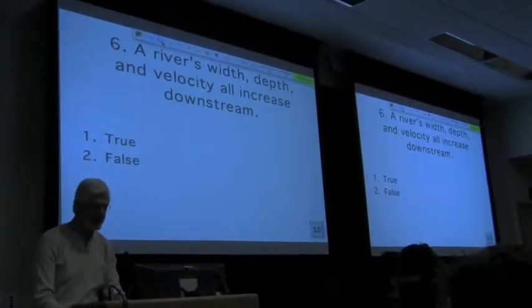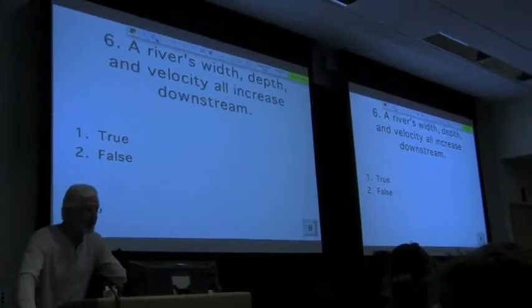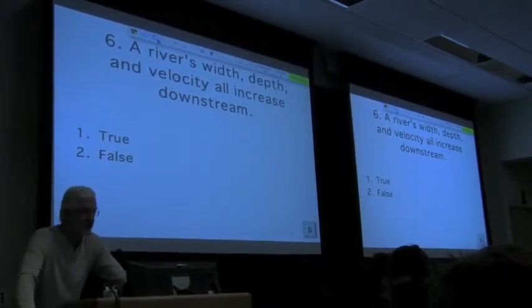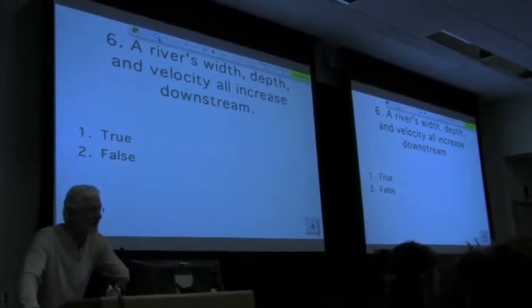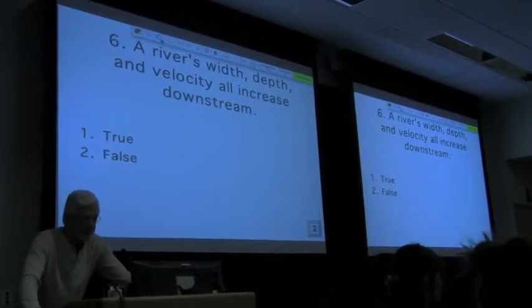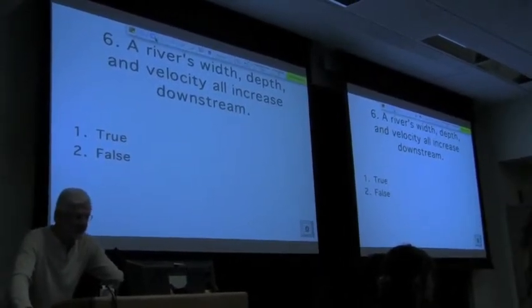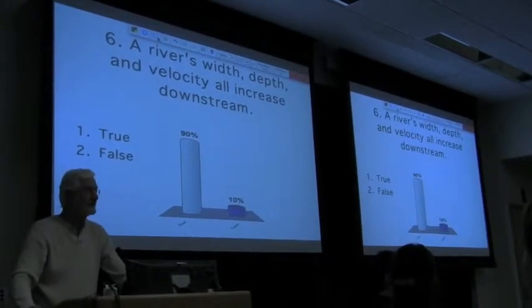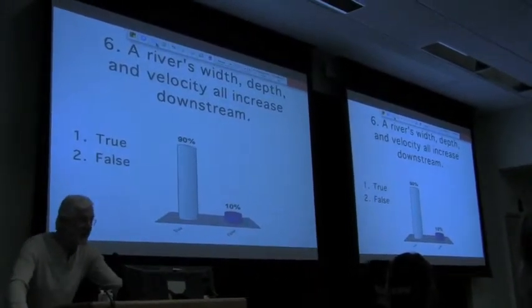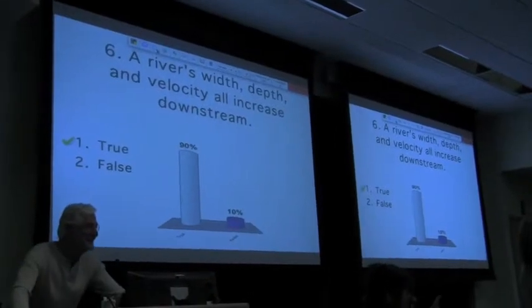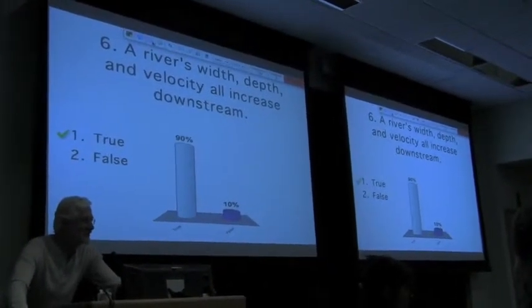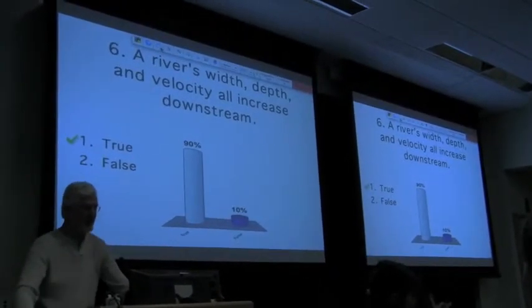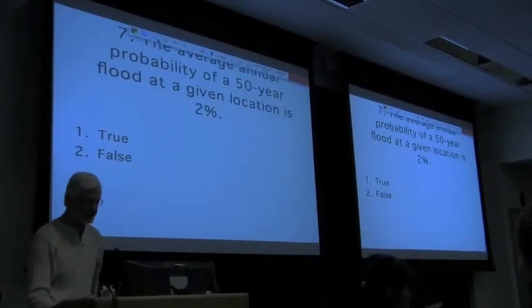And now the countdown. Here we go, we're just trying to do a true-false question, but all those factors relate to the total amount of water. Do they all increase downstream? True or false? And 90% said true, and you got that one right. All right, good job.